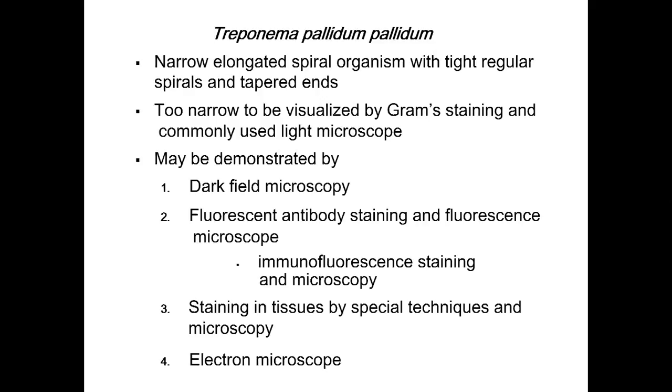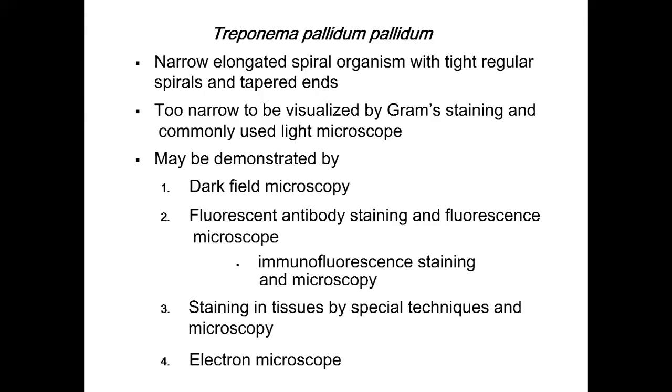Then thirdly, staining in tissues by special techniques and microscopy. This particular one is not done in microbiology. It would be done in a laboratory where tissues are processed and stained. That is a totally different area, but it demonstrates the presence of the organism in those tissues using those special staining methods.